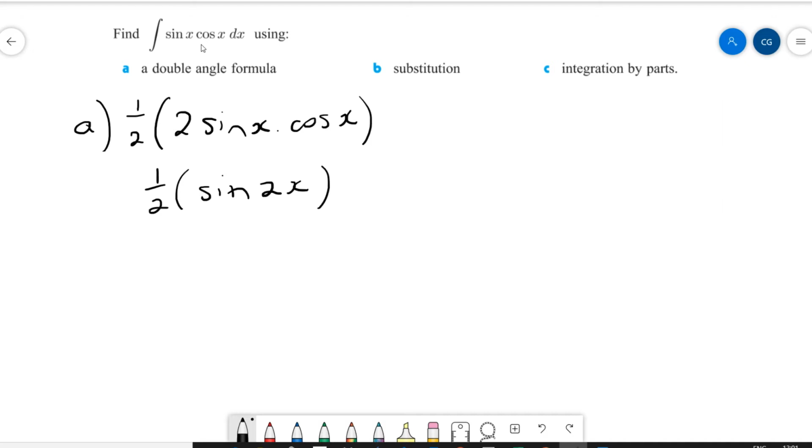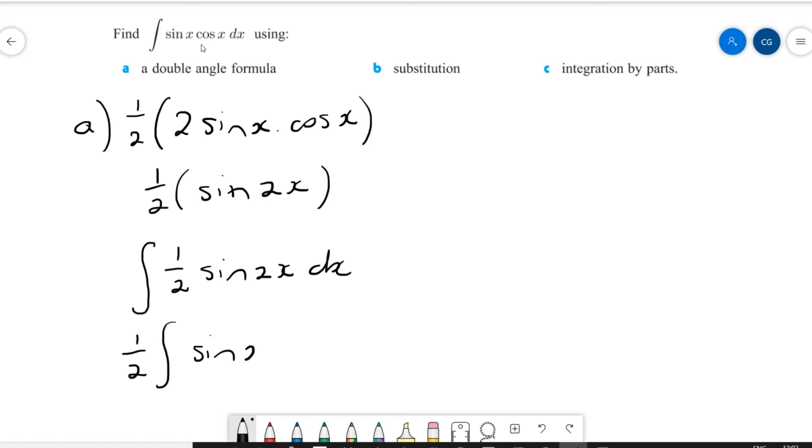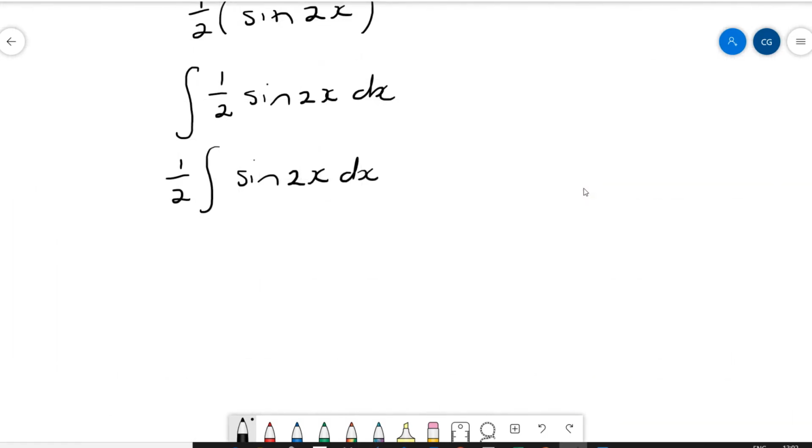Now that we have this, we can find the integral. So now we can say the integral of a half sine 2x dx. In this case, of course, we can write the half outside. The half is a constant, remember? So I can write this. Then if I'm going to integrate sine, please remember that the integral of sine is negative cos.